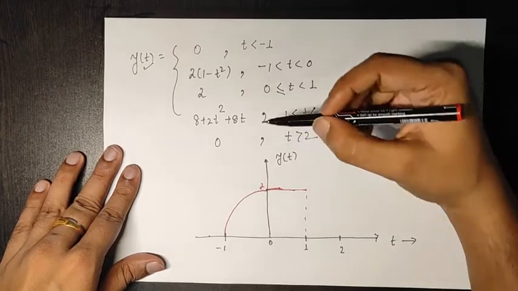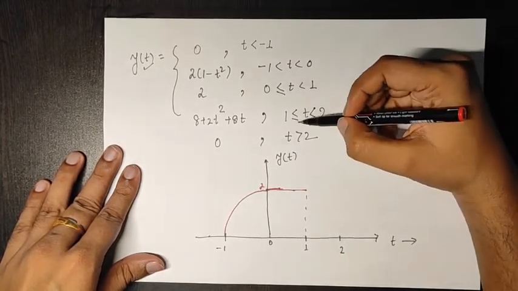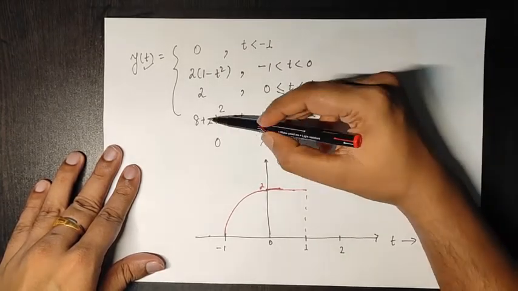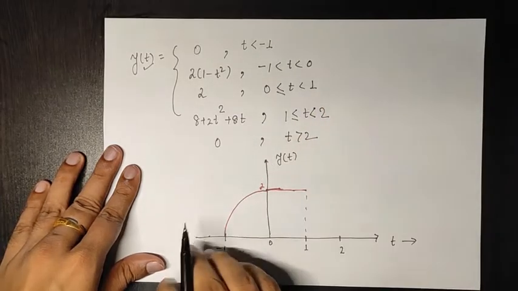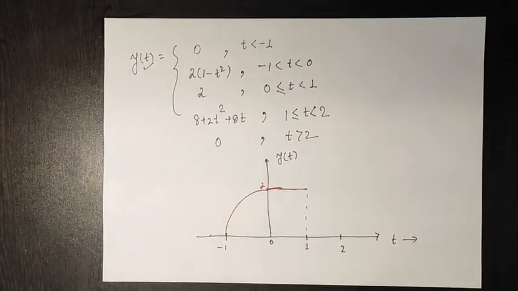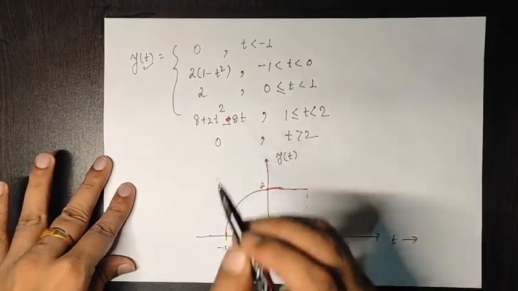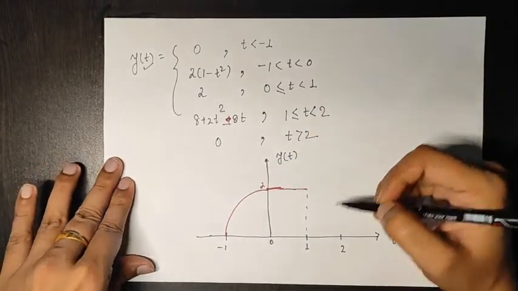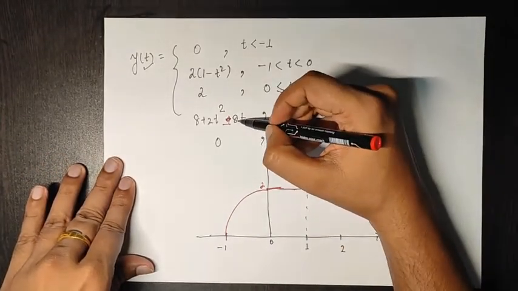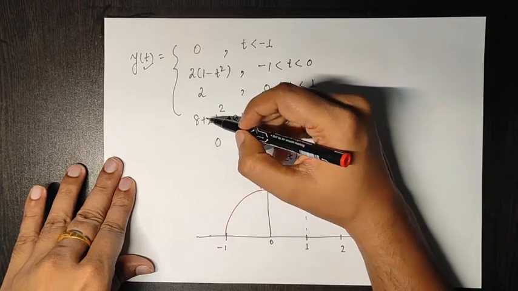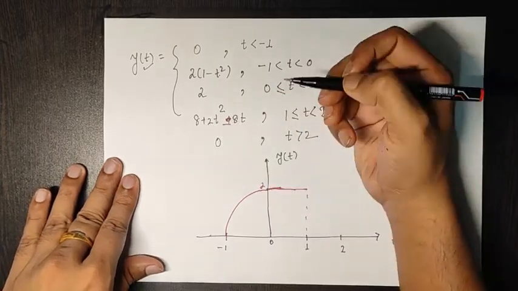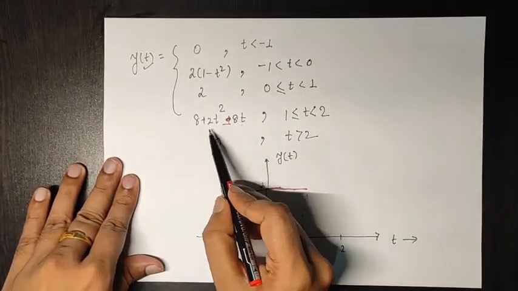And then at t equal to 1, sorry, this is minus 8t. So putting t equal to 1, its value is 2 only.